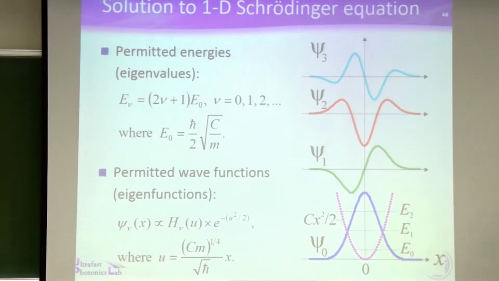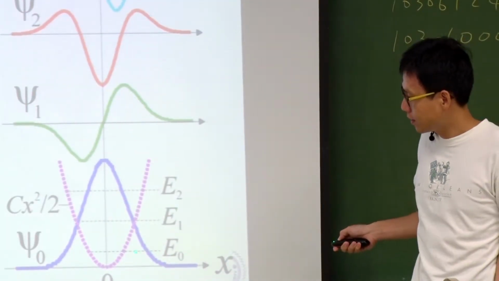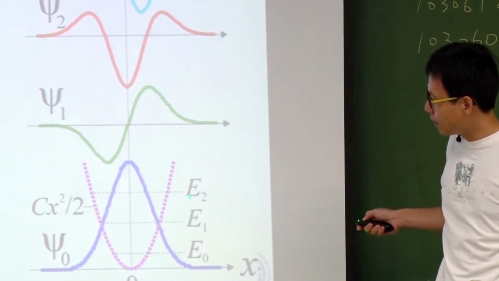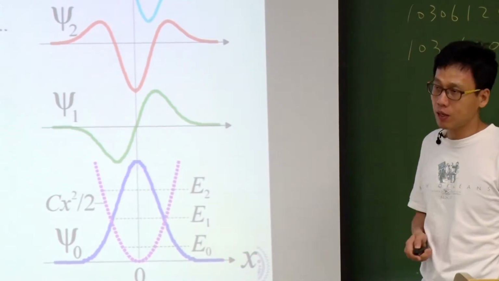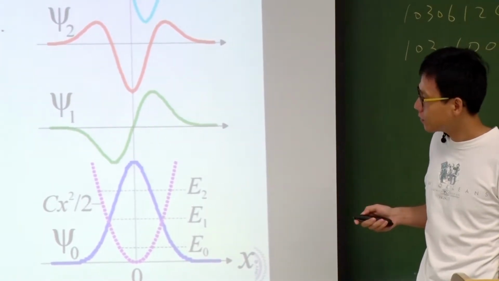And this is the plot. The purple dashed curve means the quadratic potential well, and E0, E1, E2 are the first 3 permitted energies. E0 is the fundamental energy, okay? It's not 0. And every other permitted energy is spaced by the same amount, E0, 2E0, okay?